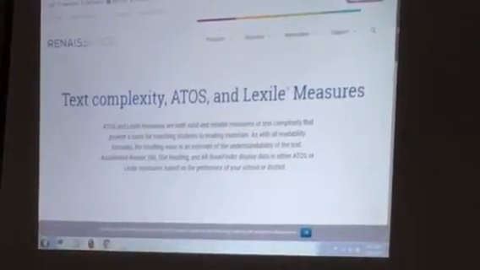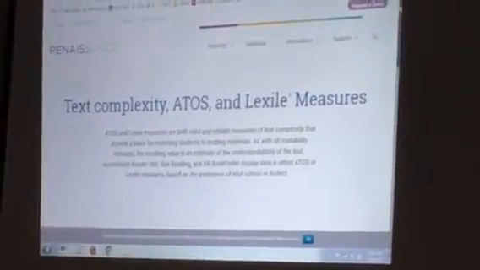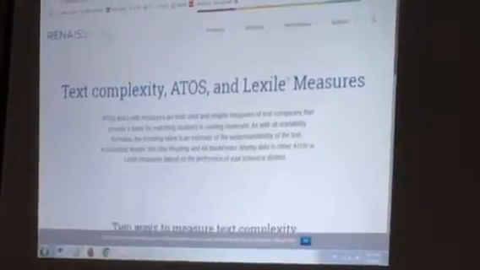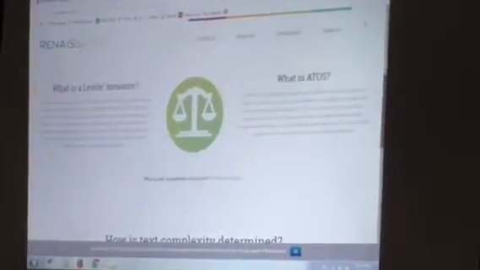Any questions about that? This ATOS analyzer has a readability formula, and it is also used throughout. But what I liked about this site, and again, it's this Renaissance site, is that if you scroll down on that link, it explains Lexile measure, and it explains what ATOS is.